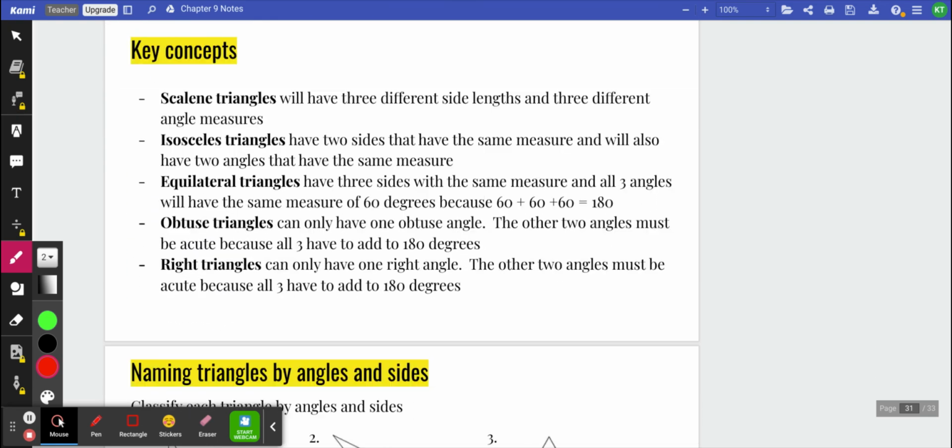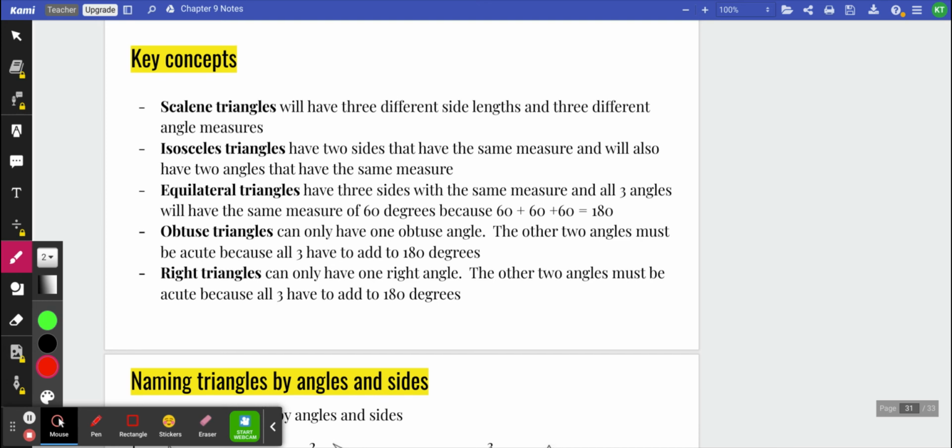So some key concepts. Scalene triangles. If three sides are different, then the three angle measures will also be different. Meaning if you have sides maybe 10, 11, and 12, your angle measures will be three different angle measures. On an isosceles triangle, you have two sides that are the same.